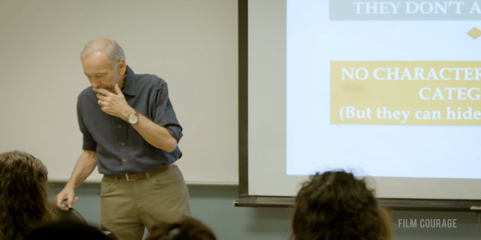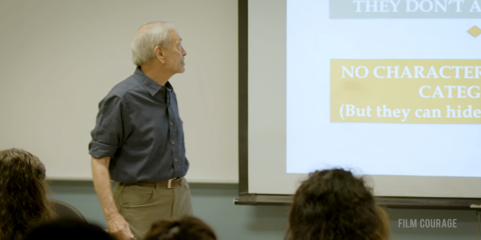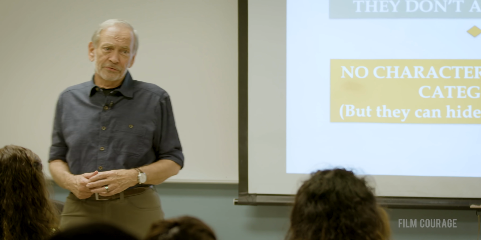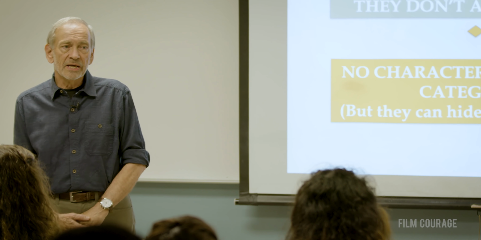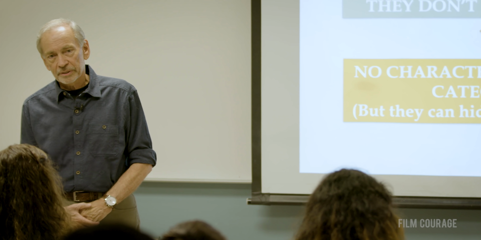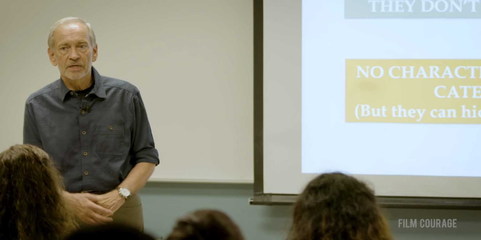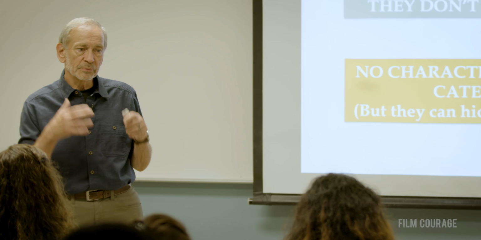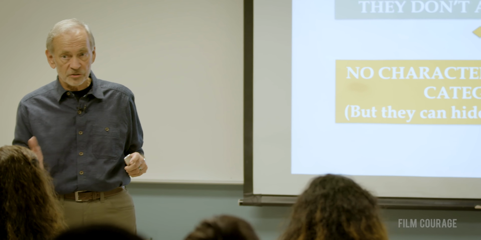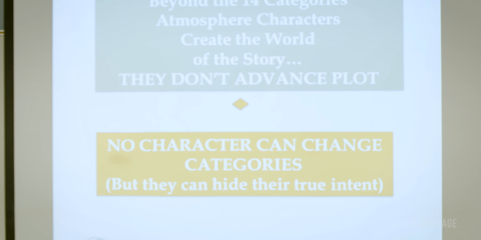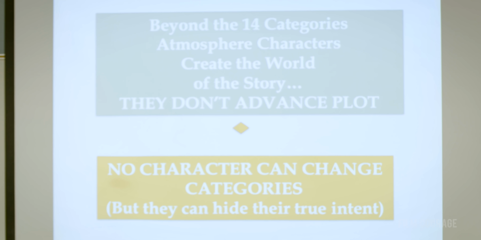Okay. Beyond the 14 characters, of course, you have atmosphere characters, the under fives or the extras. They don't really have a category. I haven't given them a category here because they do not serve a direct plot storytelling function. What they are, saying it crassly, I suppose, are props.